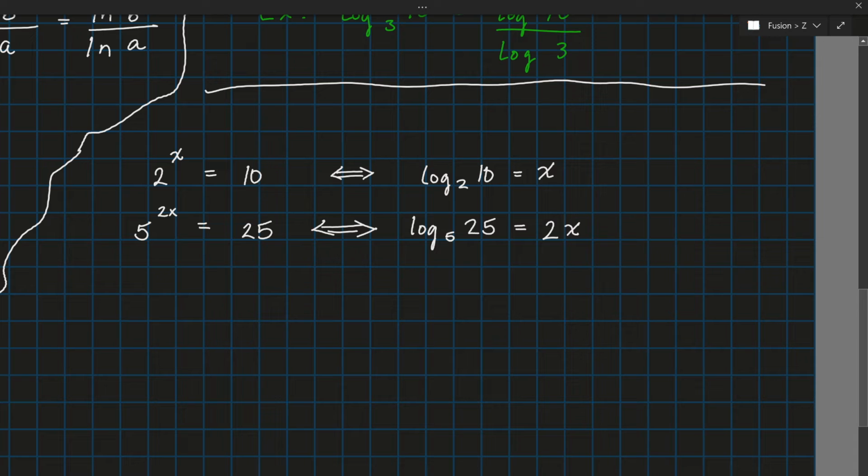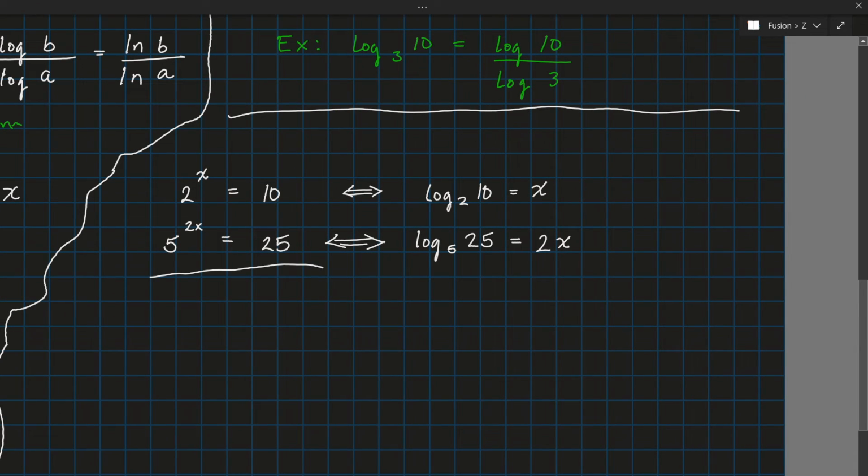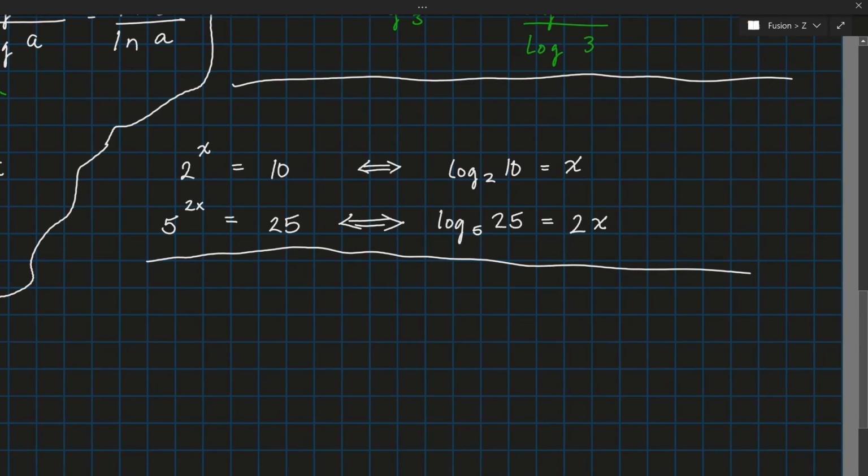All right. Let's go in reverse. I'm going to throw a curveball at you. ln of 12 equals x. What would that be in exponential form?